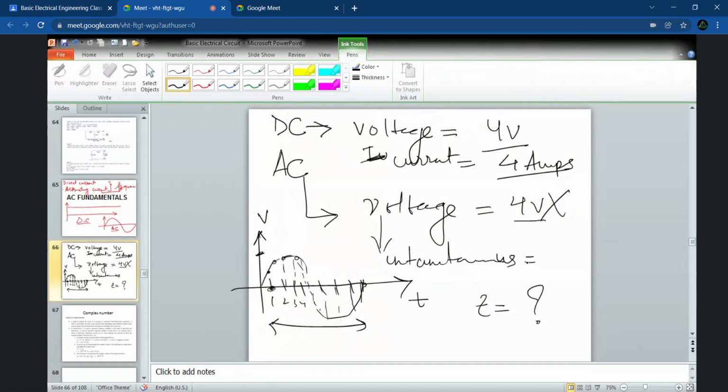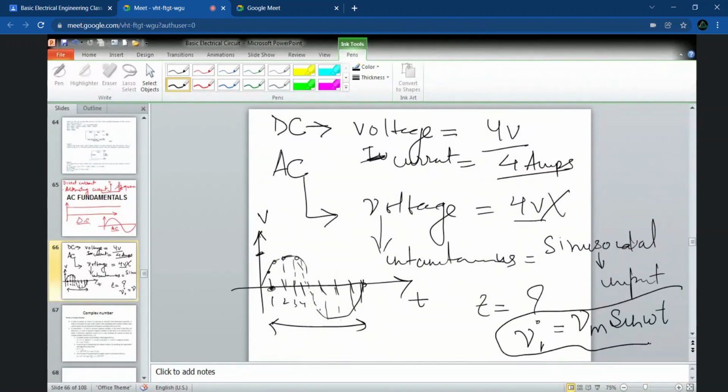So how will you mention this? It will be some sort of sinusoidal input, so we need to mention it in terms of something like this. We will be mentioning it something like V is equal to... Is this expression clear to you?